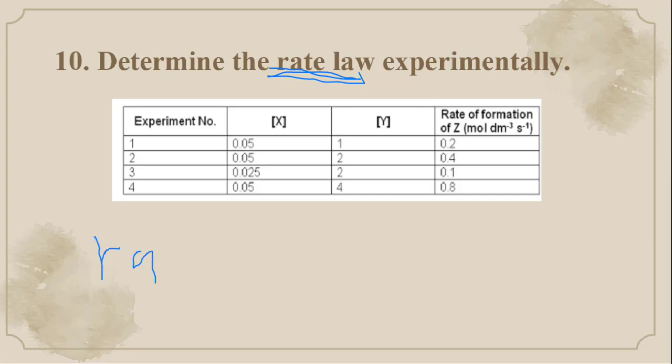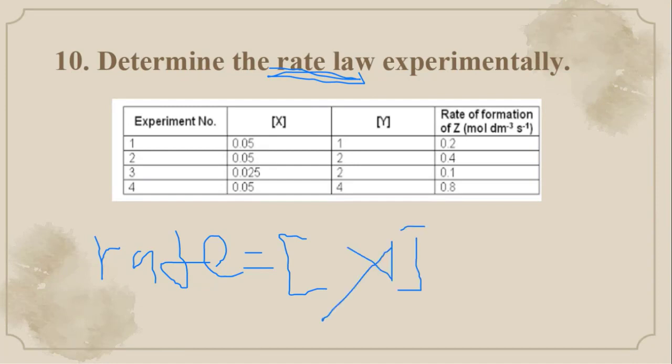So rate equals k times the concentration of x raised to some exponent. We don't know what, so I'm going to just write n. Oh yeah, I forgot. My bad. I forgot to write down the k. You're right.